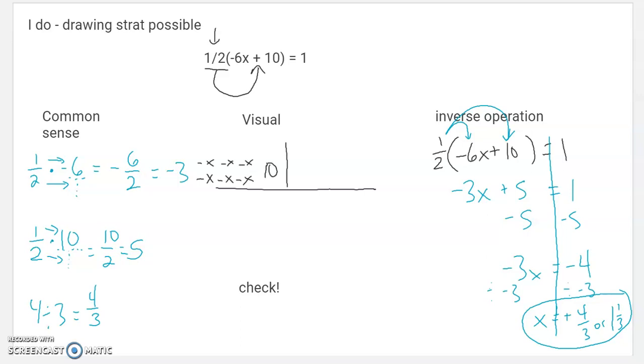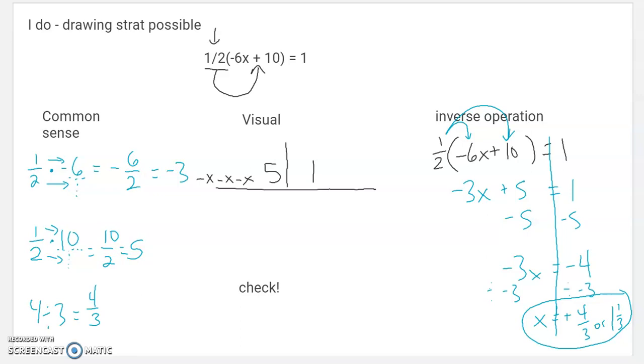And instead of drawing it multiple times, I only need it half a time. So to draw it half a time, just say, well, half of these 6x's is the 3, and half of the 10 is 5. Hey, not that bad, huh?